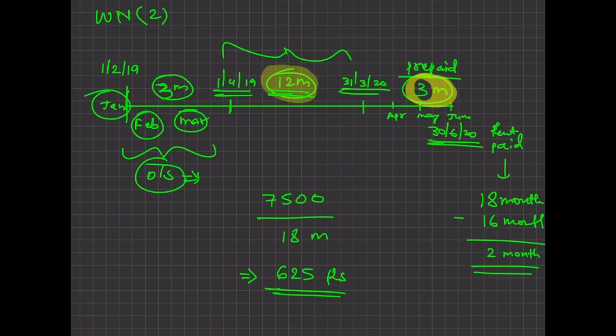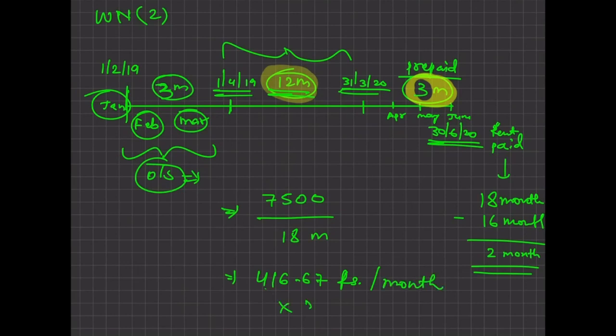Okay, so 7,500 is paid for how much? 18 months. So if I divide 7,500 by 18, this would come to be 416.67 rupees per month.